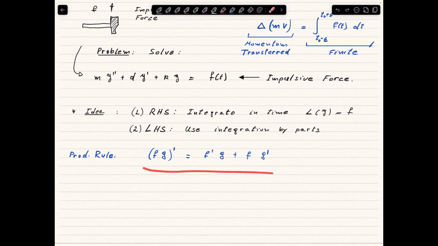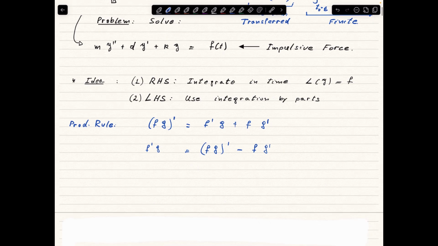The integration by parts formula comes from this equation. What we do now is we move one of the terms to the other side. So for example, we leave here f prime g, and then we put on the other side (fg)' minus fg prime. And now what happens if we integrate on both sides of that equation between a and b?